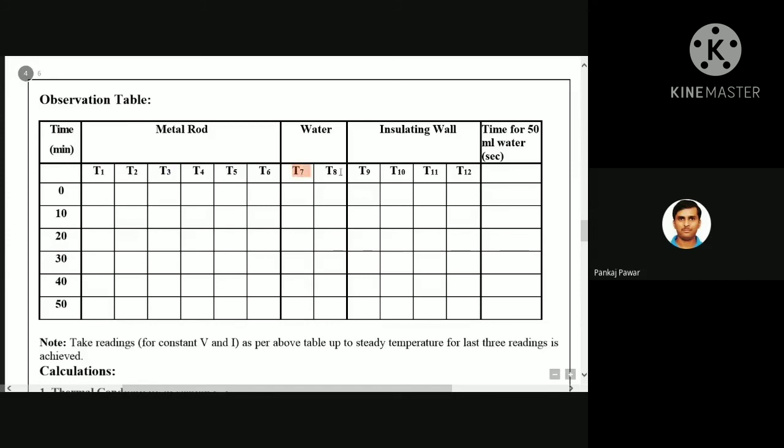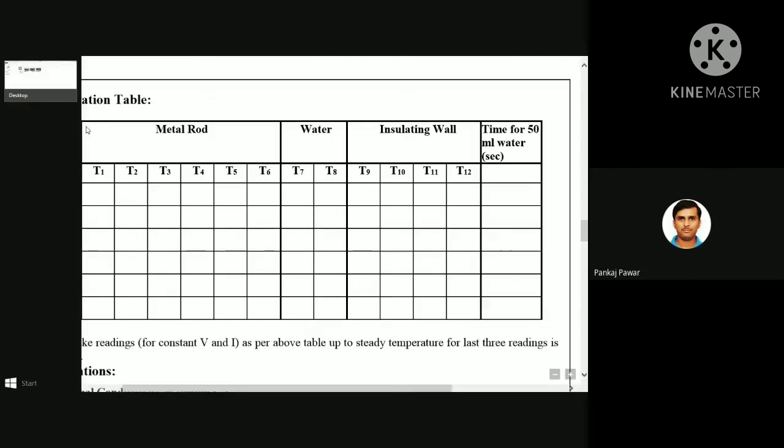Then T7 and T8 are water temperatures, and T9 to T12 are the insulating wall temperatures, temperatures inside the insulation. And lastly, one more parameter we are going to measure is the time required for 50 ml of water collection through the water jacket. That we are going to take later on. So this is the observation table.